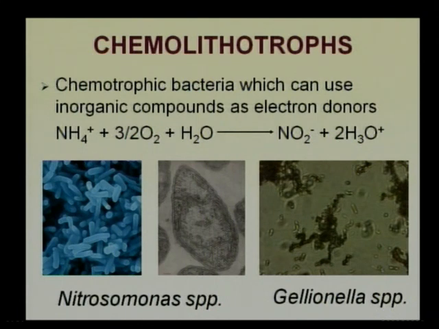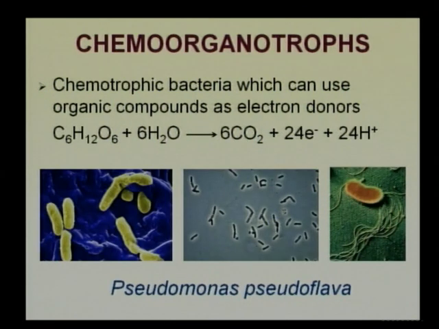The best examples are Nitrosomonas species and Legionella species, projected in front of you. These are chemolithotrophic organisms which have tremendous capacity to deal with ammonium ions. The organism utilizes it and converts it into nitrate. All these organisms are farmer-friendly organisms.